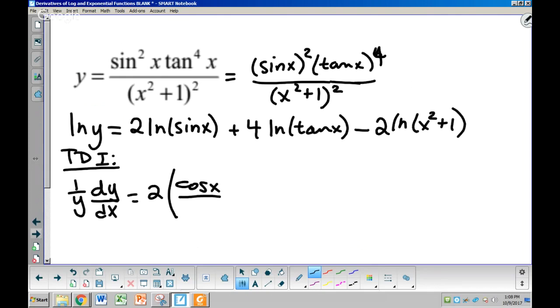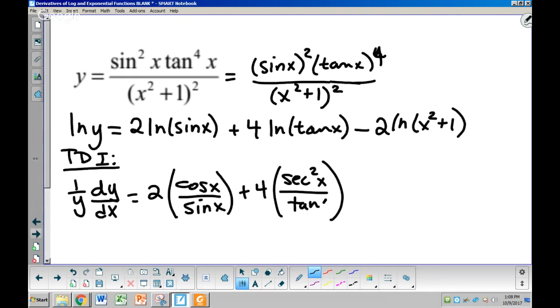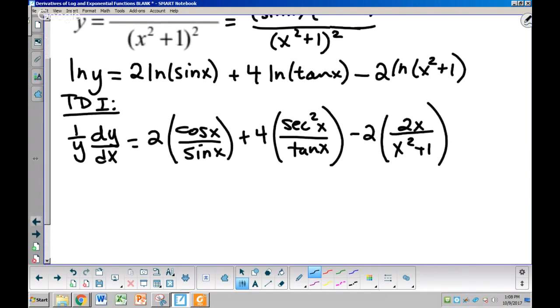Cosine x over sine x plus 4 times the derivative of tangent, which is now secant squared x over tan x minus 2 times, what's the derivative of the inside? 2x over x squared plus 1. And then I'm going to take everything and multiply it by y, because we're solving for dy/dx.